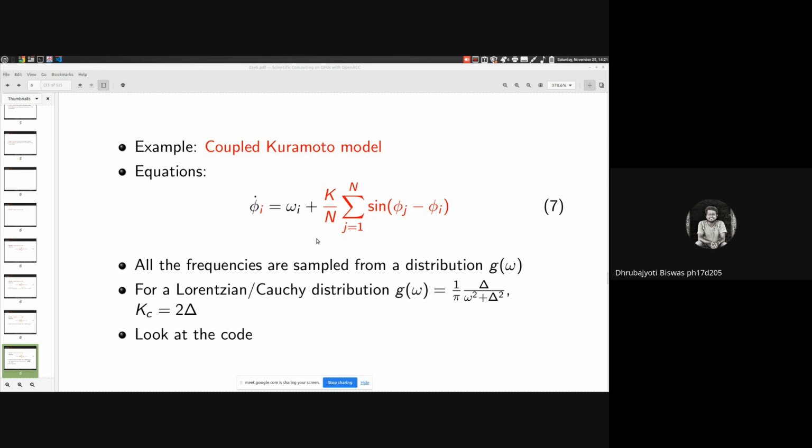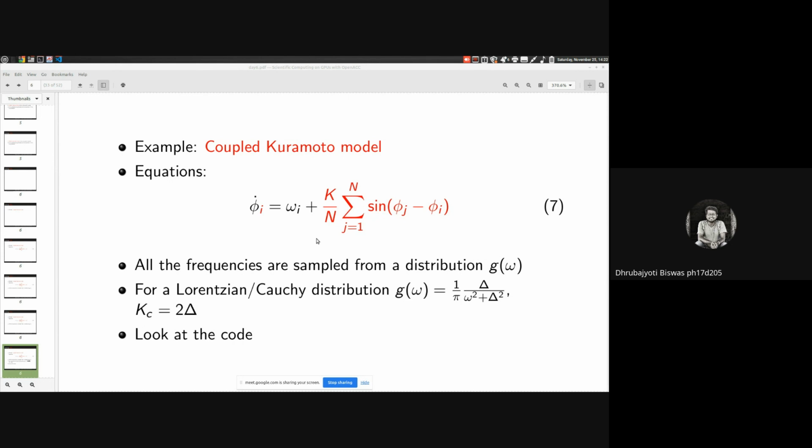I am telling you that Kc, the coupling constant at which the oscillators start synchronizing, that is their dynamics starts to look similar, because if your k was 0, all the dynamics was independent. So if you have different initial conditions, you will evolve differently.